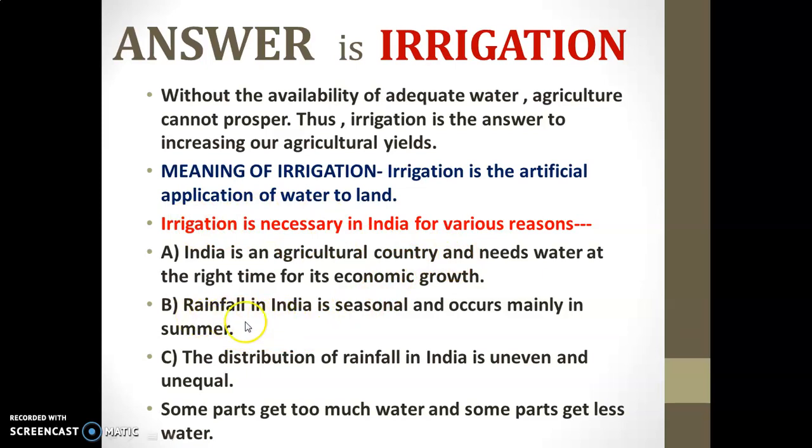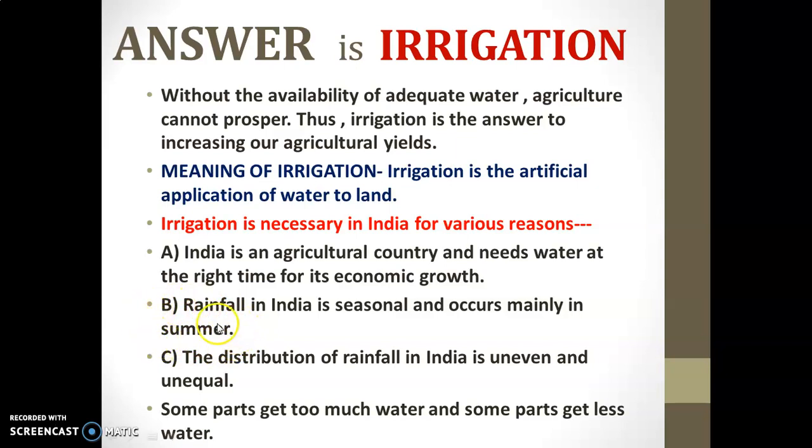Second reason is, rainfall in India is seasonal and occurs mainly in summer. As we know, we have 4 seasons in India: summer, winter, autumn and spring. The rainfall is maximum only in summer.